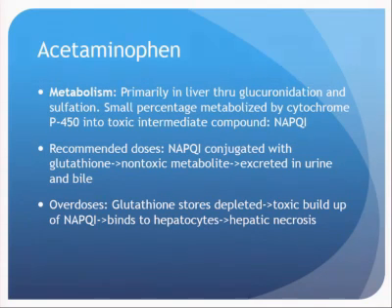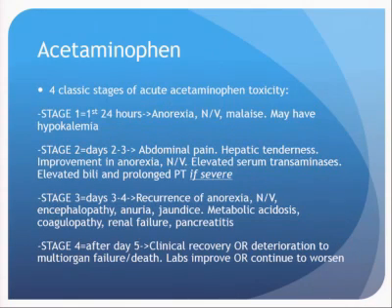In overdoses, your glutathione stores are depleted, but you still get that toxic buildup of the NAPQI, and then this binds to hepatocytes, and that causes your hepatic necrosis. Okay. No one's going to ask you about the metabolism except for the liver, but this part, there was a question just on my test the other day, all about this.